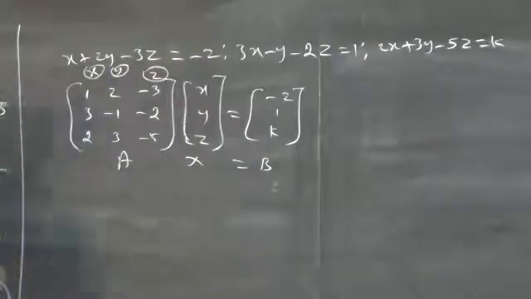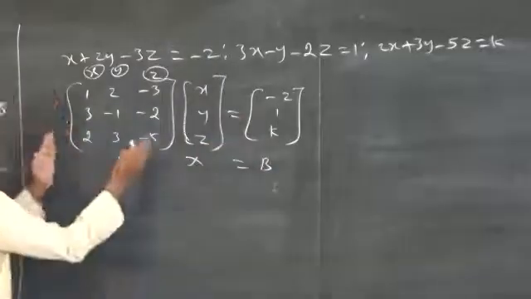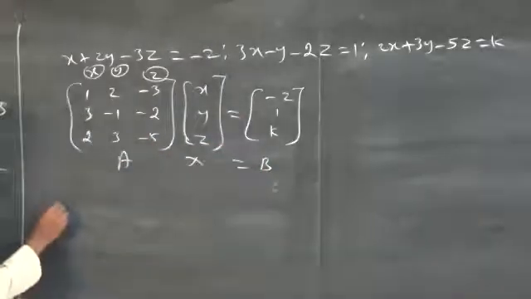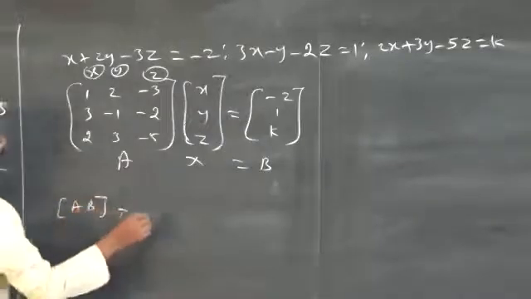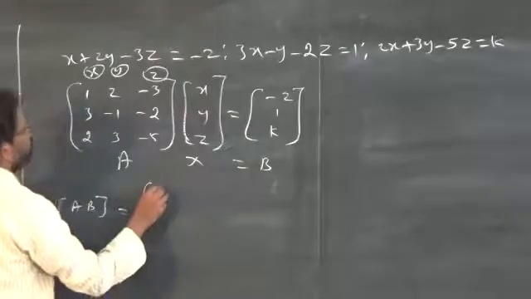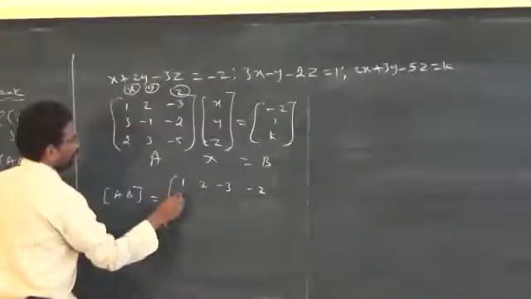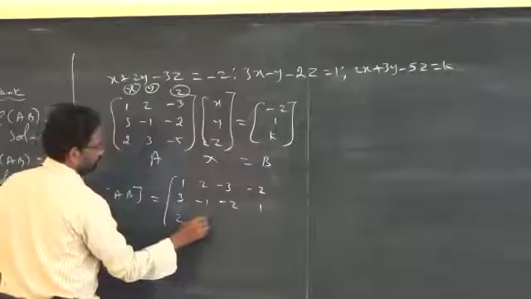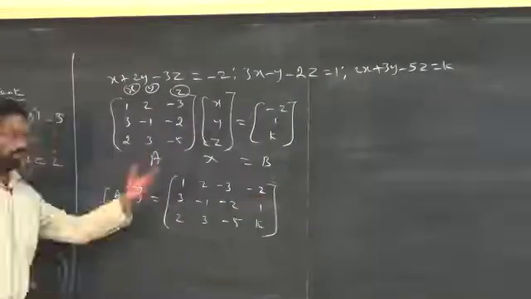Now you have to combine both matrices, that is the coefficient matrix and the constant matrix, that is called the augmented matrix.